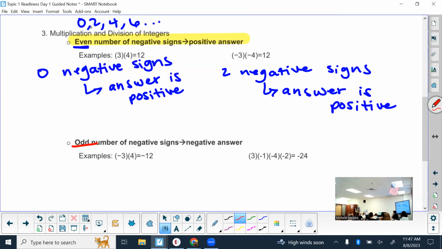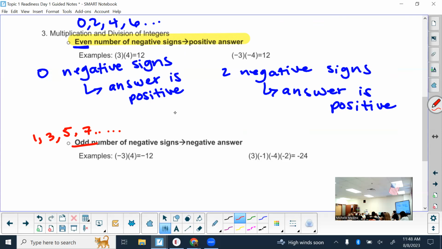Okay, well, even numbers are 0, 2, 4, 6. 1, 3, 5. And then any like in that pattern. Everyone see? Okay. So I wouldn't imagine that you're doing a multiplication problem and have like 7 things multiplied together. But just if it's an odd number of negative signs, your answer will be negative.